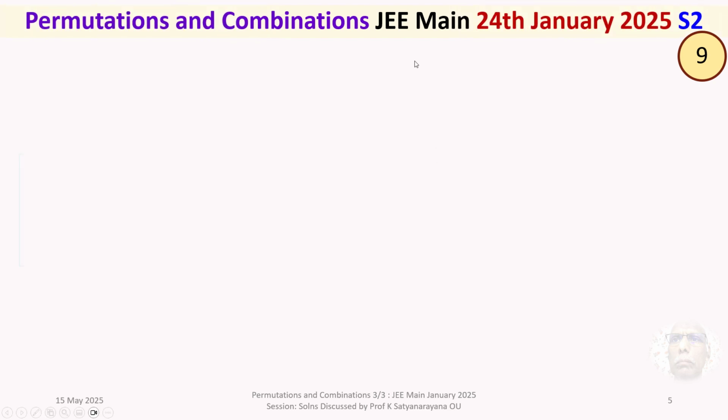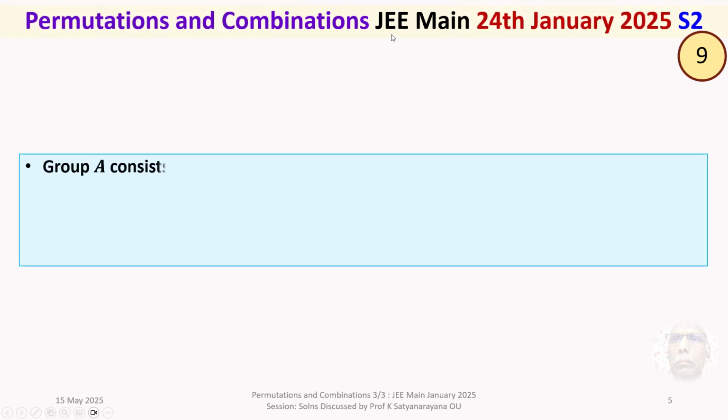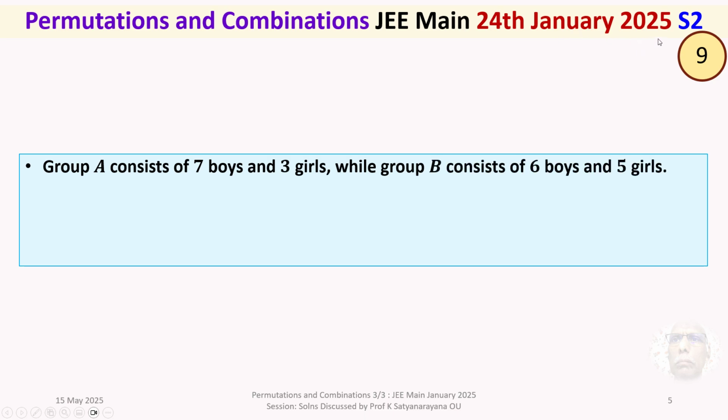This is the question that has appeared in the JEE Main held on 24th January 2025 in the second shift. The given problem is: Group A consists of 7 boys and 3 girls, while Group B consists of 6 boys and 5 girls.